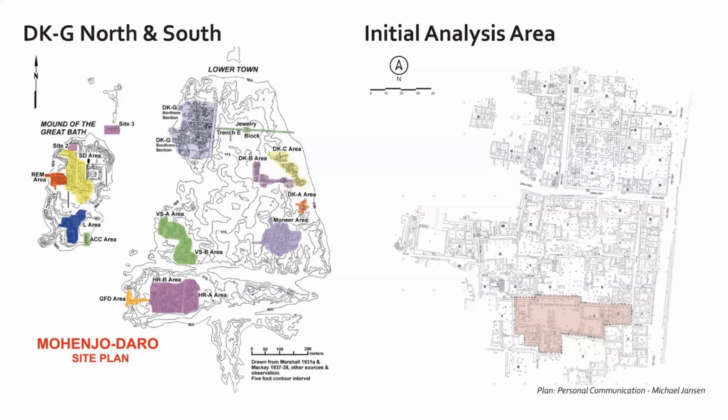More recently, we're also building on a recent paper by Adam Green, which looks specifically at publicly oriented structures of Block 8A and 6A, also in DKG South, in which he utilizes an interpretive 3D model. So our work really fits into an ongoing genealogy of work and research in this topic and area.